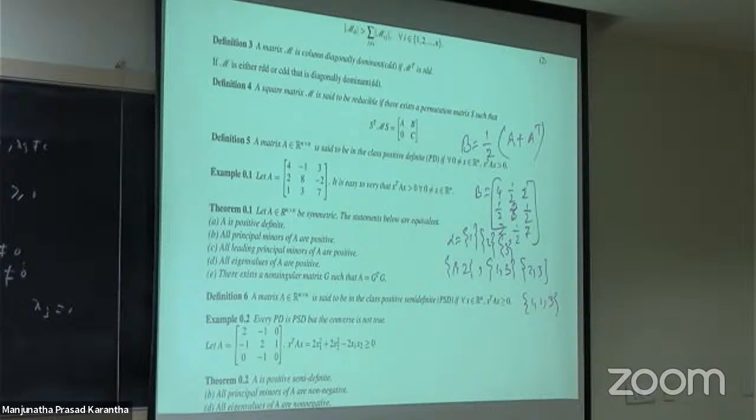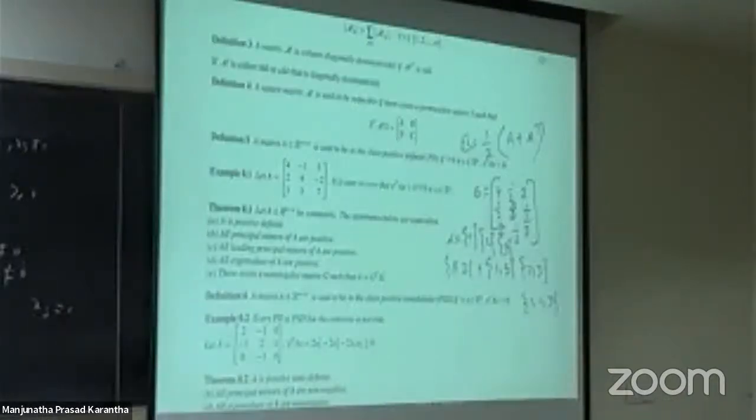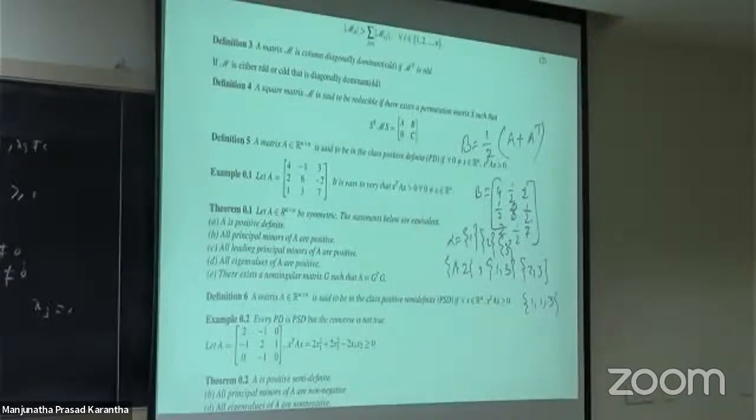So do you follow how we are calculating? For B alpha with alpha 1, 2, it will be 32 minus 1 by 4, that means it is positive.